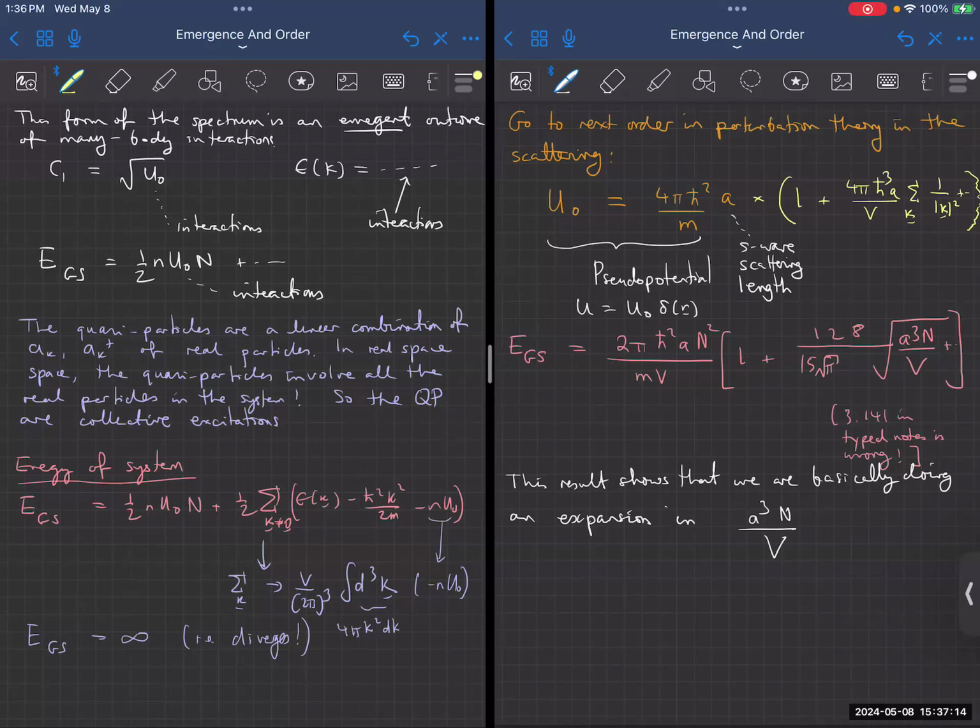All of these terms here on the left-hand side, this is 1, this is some other term over here. Those terms are dimensionless. And so in order for this to converge and be a small change to the ground state when you switch on the interactions, what we need is that this term is small.